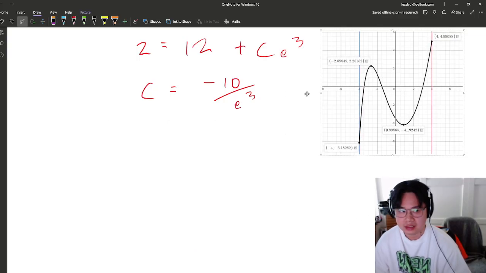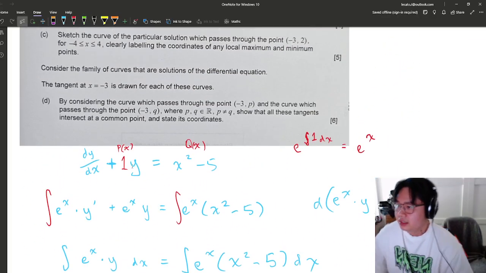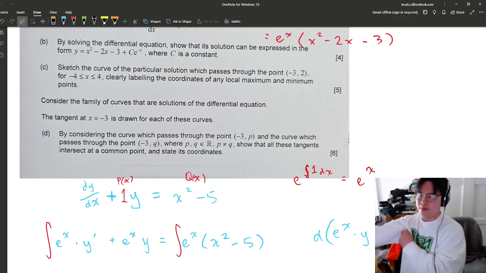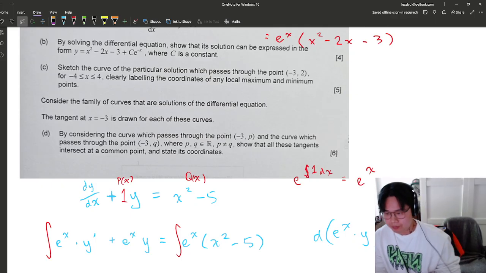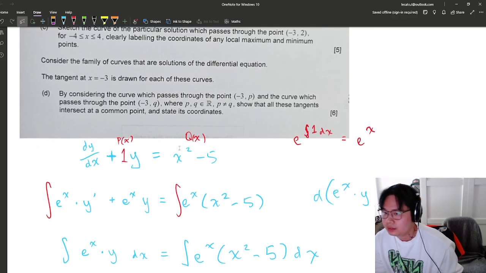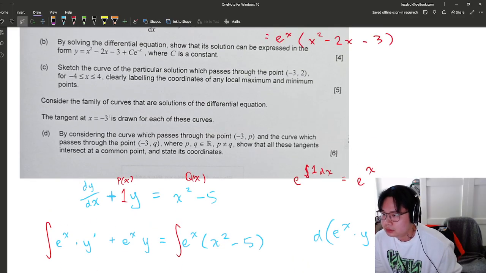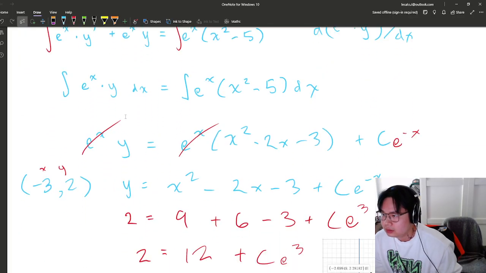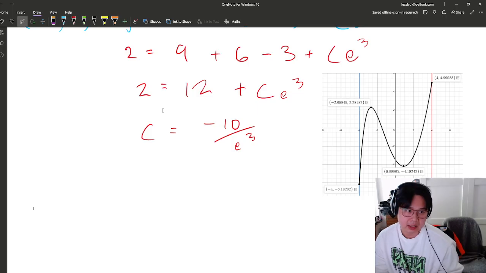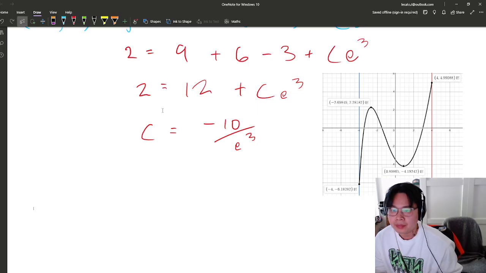This goes here, save some space. Okay. PQ. First, let's find the tangent slope. I think we'll find the tangent line. And then we equate the two tangent lines together to find the coordinate of their intersection.